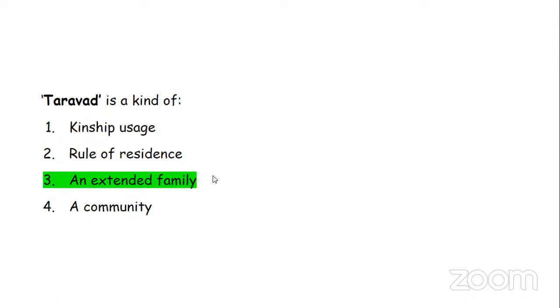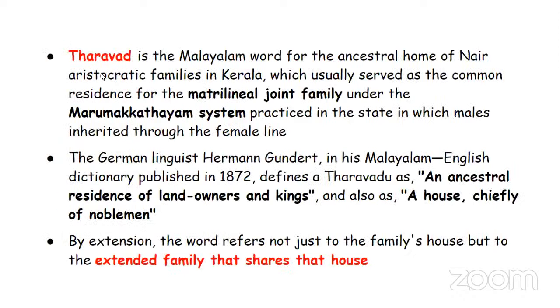Taravada is the Malayalam word for the ancestral home of Nayar aristocratic families in Kerala, which usually served as the common residence for the matrilineal joint family under the Marumakkathayam system practiced in the state, in which males inherited through the female line. We learned about the Taravada system while studying matrilineal systems, matrilineal lineage. So I hope you are familiar with the term Taravada.